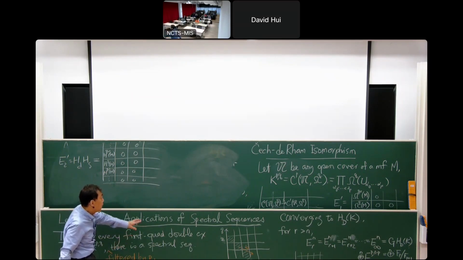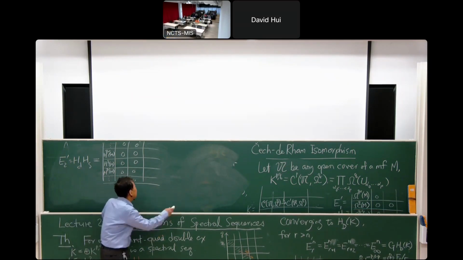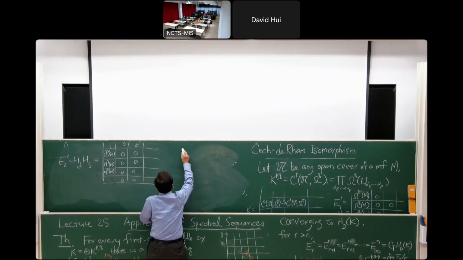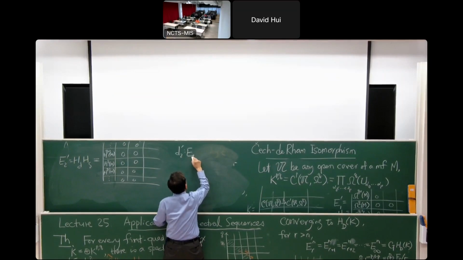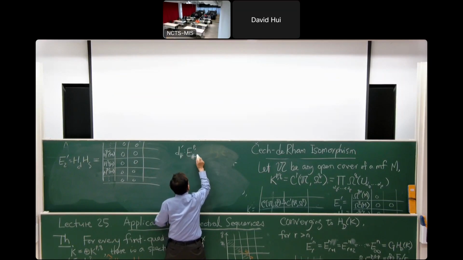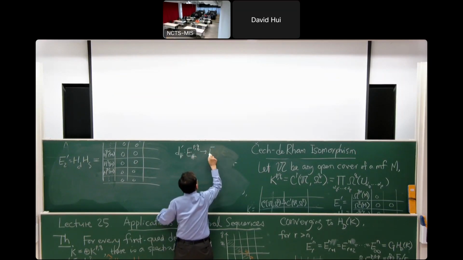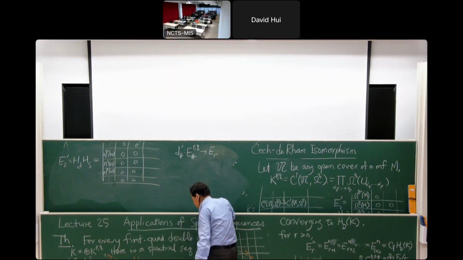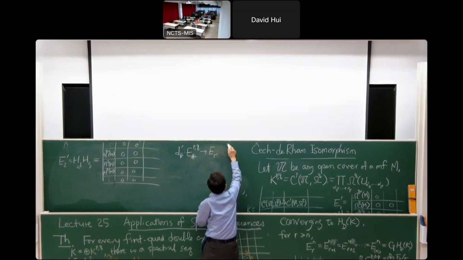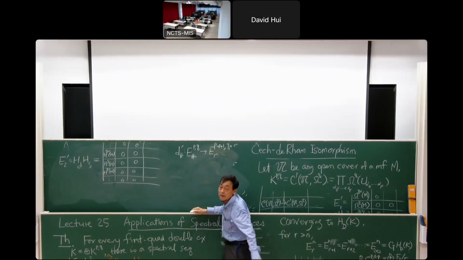Oh no, I erased it. So D_r prime goes from E_r^{P,Q} to E_r, where Q should go up, and then P should go down. So that's D_r prime.